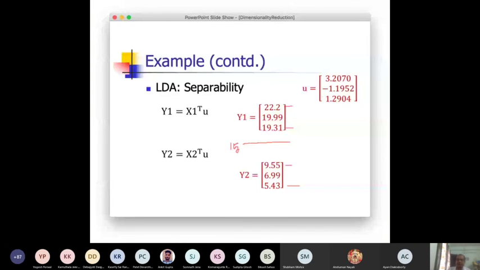It is a heuristic, intuitive guess. If a projected value is less than 15, I will say it belongs to class 2, and greater than 15 would be class 1. That kind of simple rule you can define. So you can see that Fisher's linear discriminant analysis does not directly give you the rule for classification.